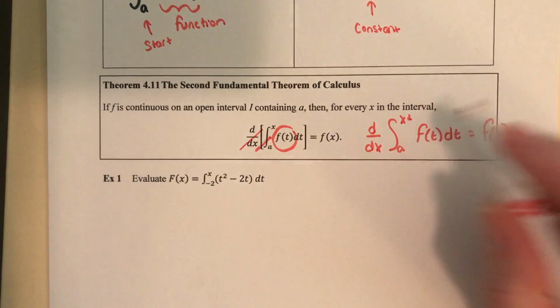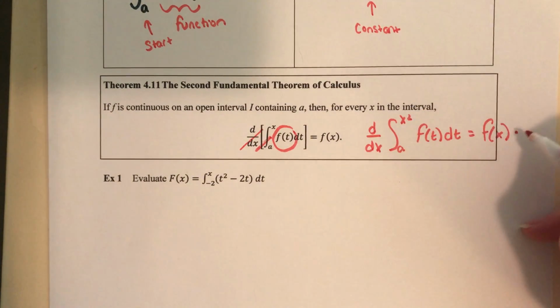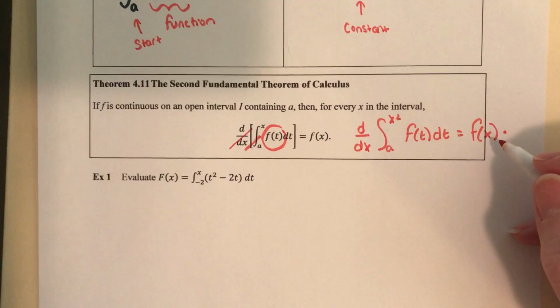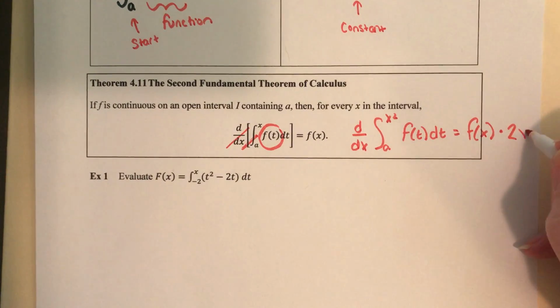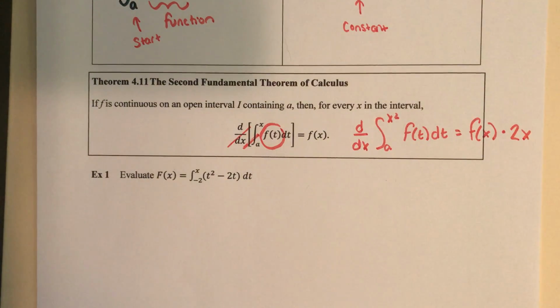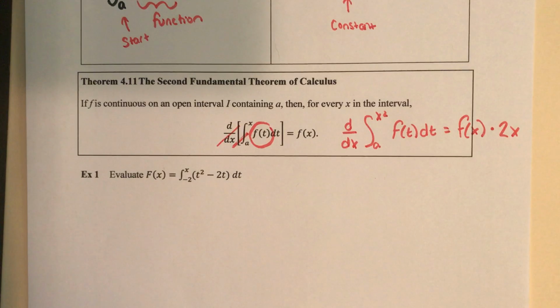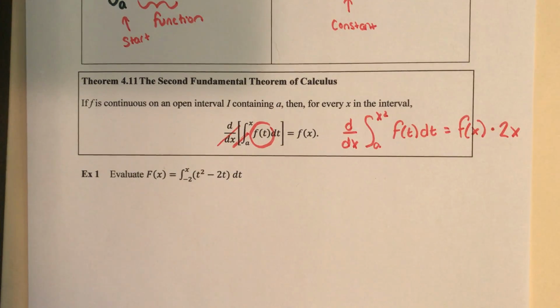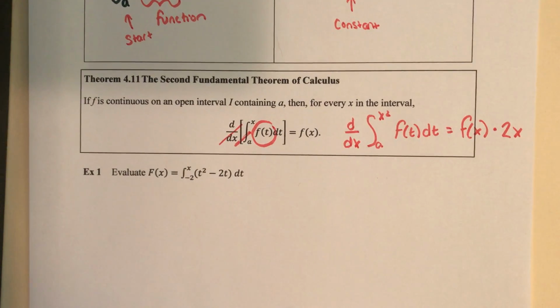But if you have something other than x up here, you're going to multiply by the derivative of it. So if you have x squared, you're going to multiply by 2x. So that's just one extra piece, and that only happens if you take the derivative of an integral. They just cancel out except for if you have something other than x, because the derivative of x is 1. You don't have to do that for that one. But if it's anything other than x, you multiply by the derivative of that number.